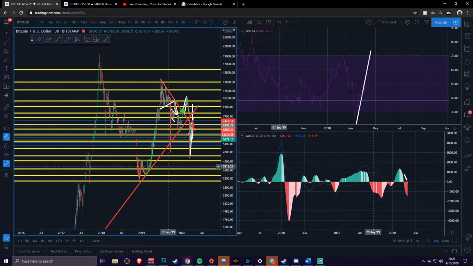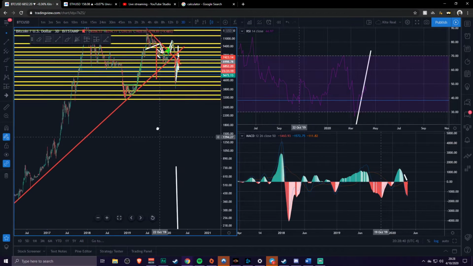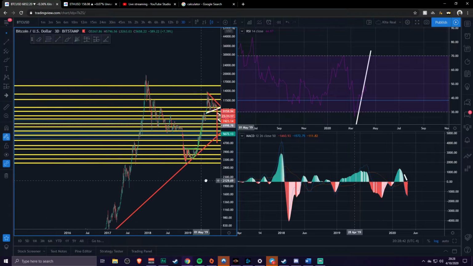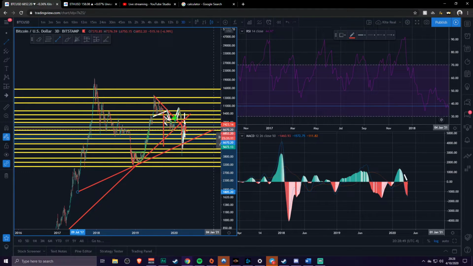Yeah, I see the gigantic head and shoulders. My thing is hopefully it does not turn into us going all the way down to this. Because the way I'm seeing it right now is we have these three wicks right here, roughly.